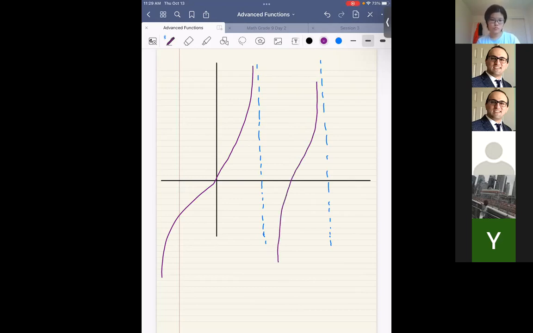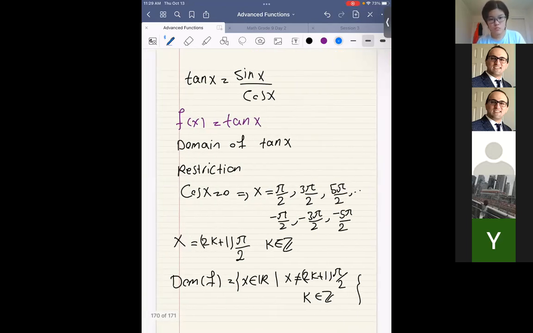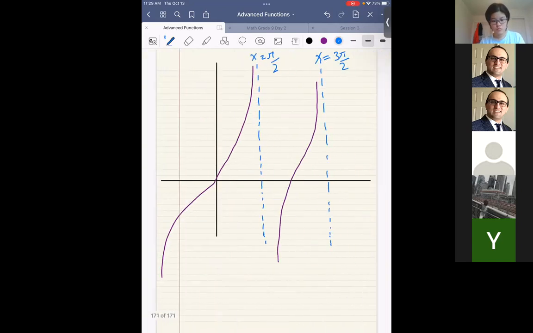And it's periodic. These vertical asymptotes are x equal to pi half, x equal to 3 pi half, x equal to 5 times pi half, and all these, 2k plus 1 times pi half. These are the vertical asymptotes of tangent.